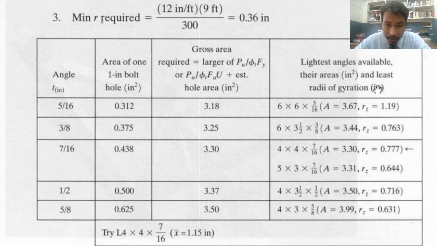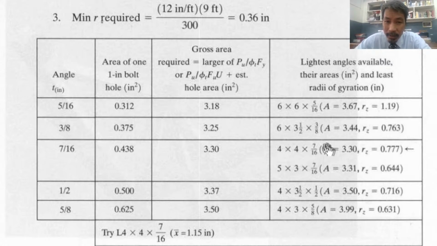Aside from being the least radius of gyration. If you compare these, this is lesser, this two is also lesser, this is also lesser and also this one. So actually this is the second highest. But in terms of area, this is the least area, and the least area means the least amount of weight.